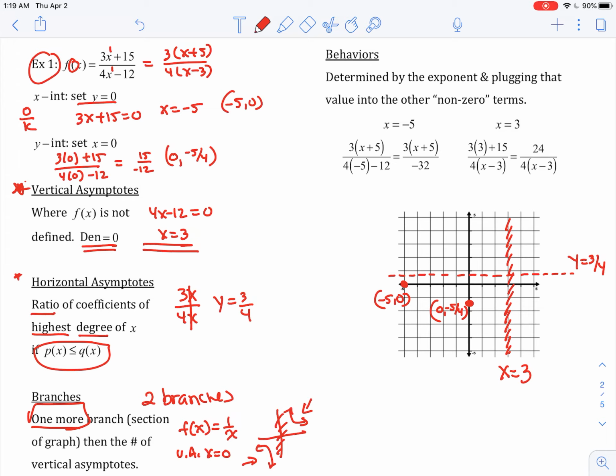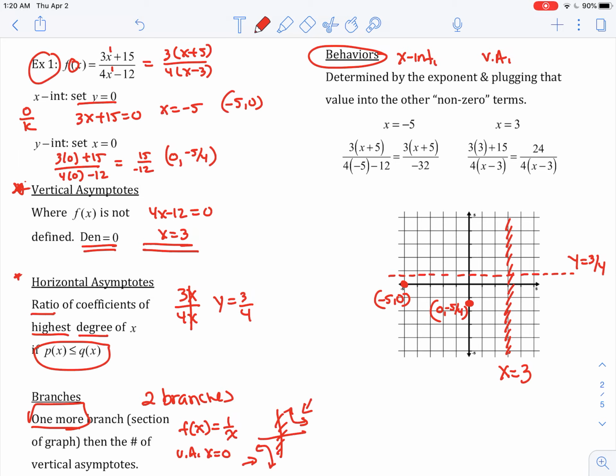Behaviors. As we go to sketch our graph, we want to look at the behaviors around some particular values. When we were looking at our polynomials, we looked at the behavior of our graph as we were approaching any particular x-intercepts. With our rational functions, we are going to look at the behavior as we approach any x-intercepts, but we are additionally going to look at behaviors of our graph as we approach any vertical asymptotes.